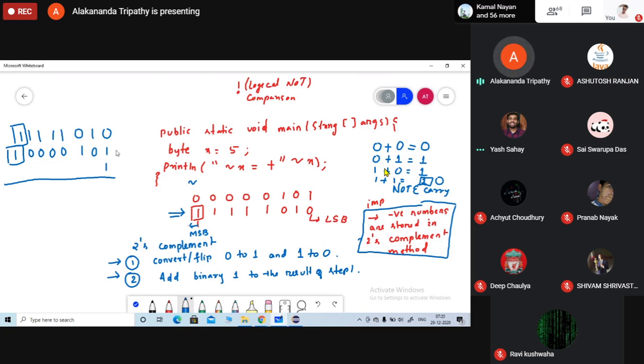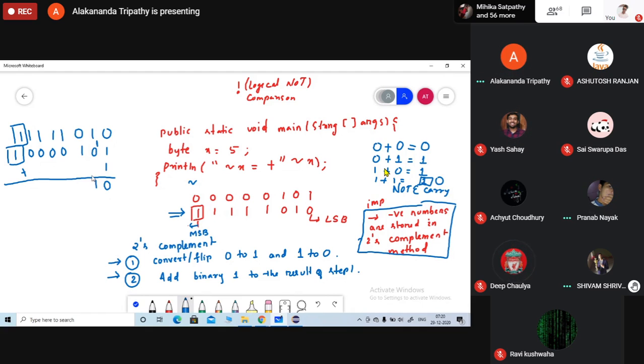Now if I add binary 1 here, 1 plus 1 will be 0, carry 1. Here the result is 0, and where do you carry? To the next number. Carry 1. Now 1 plus 0, what will be the value? 1.